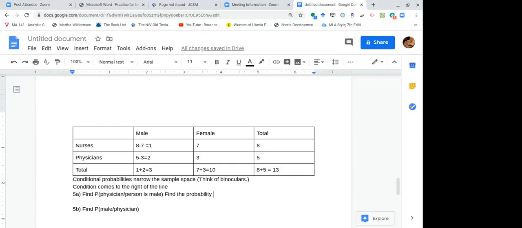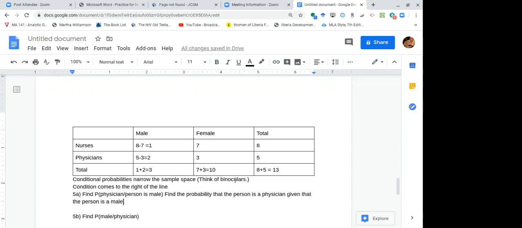So when you're doing this, you read this as: find the probability that the person is a physician, given that the person is a male.